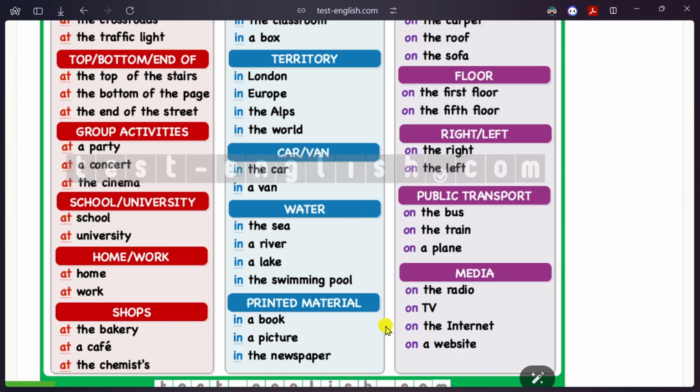In printed material, in a book. Something like inside, okay? In a book, in a picture, in a newspaper. But we use "at" page, right? At this page, page 21, 22.